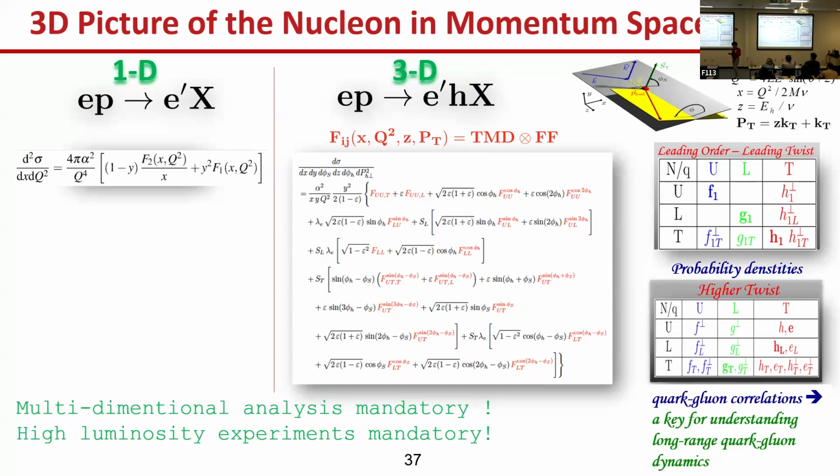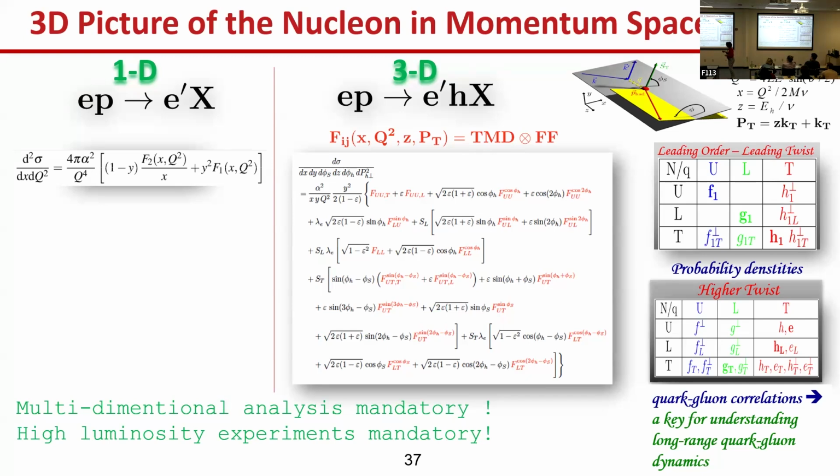So you need this 3D. But what I want to point out, first of all, before going into a little more detail of this function and what we achieved and what we can do now with the 12 GeV and the 22 GeV.